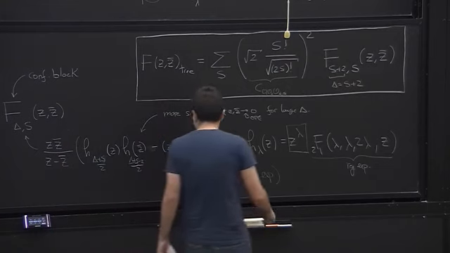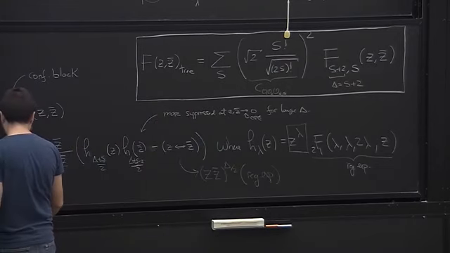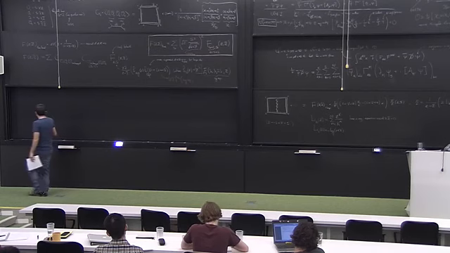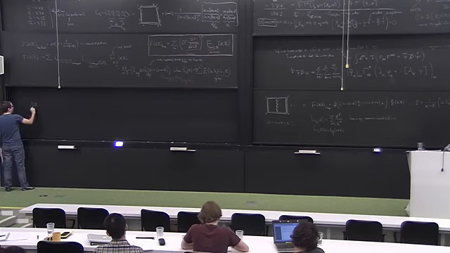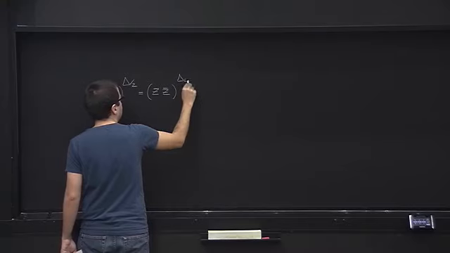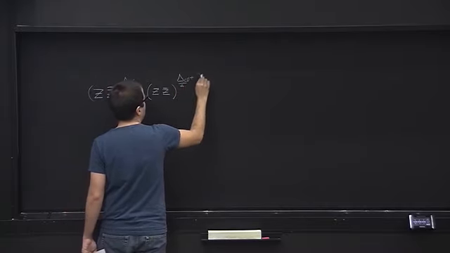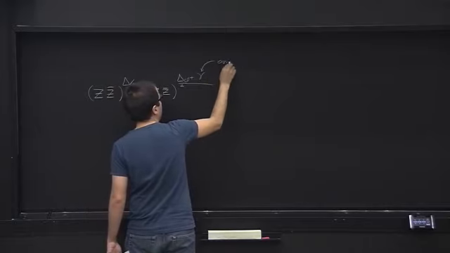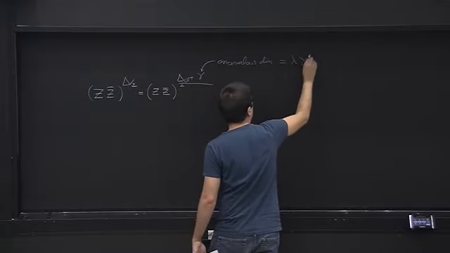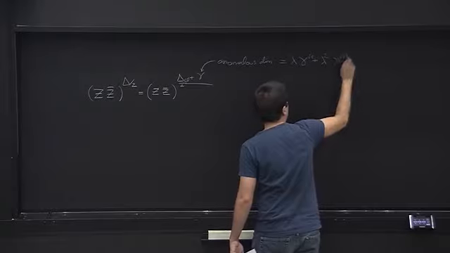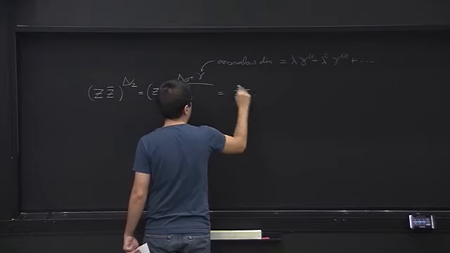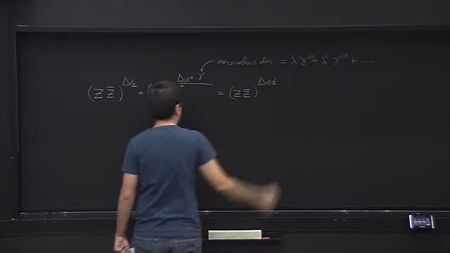If you are doing perturbation theory, then when you have z times z bar to the power delta over 2, this is equal to z times z bar to the power delta classical over 2 plus some gamma, where gamma is the anomalous part, and it starts at lambda times some 1 loop correction plus lambda square times some 2 loop correction plus etc. So when you expand this in perturbation theory, you get z bar to the power delta classical, maybe over 2, I don't know.